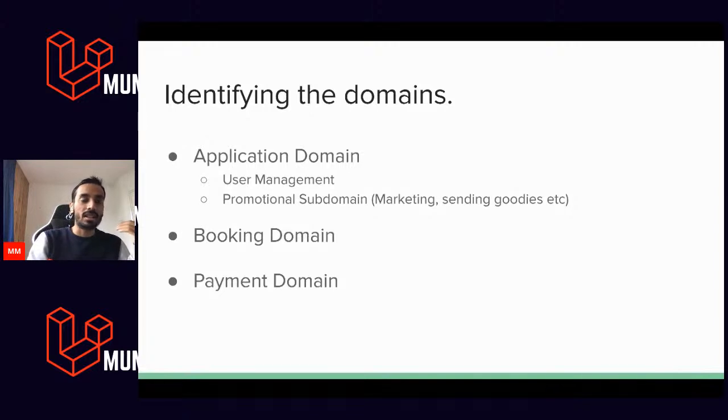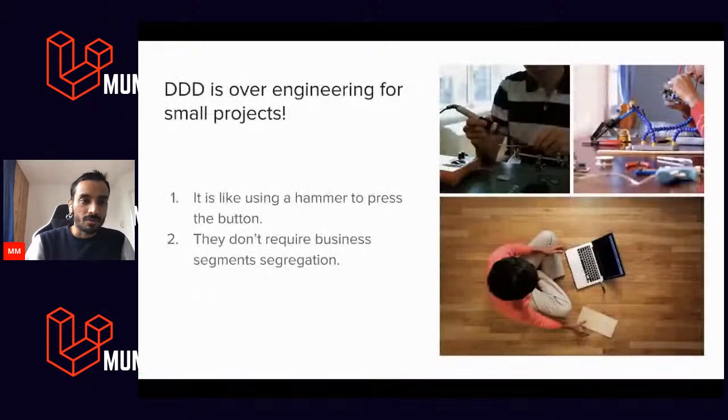And now we need to see how we can put this into working. So first, I would like to clarify: we have identified domains, but it is not for small projects. If we use domain-driven design for a small project, then it is over-engineering, that's for sure.